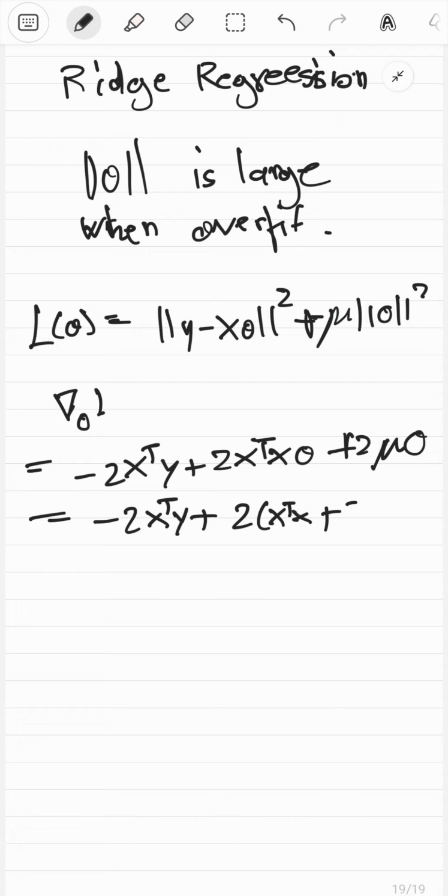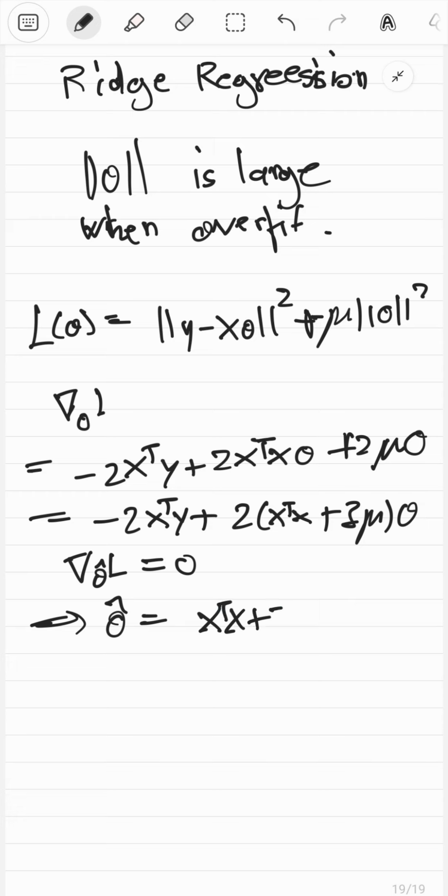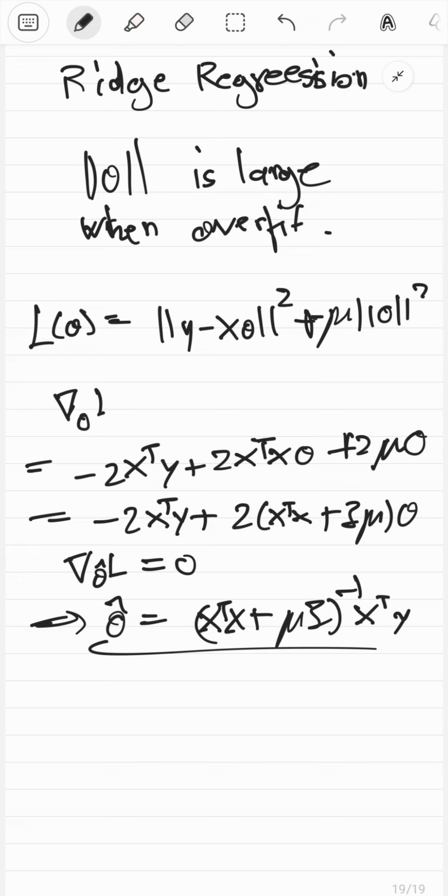So now it's going to be plus 2 mu theta, right? And now setting this to 0 gives us theta hat is equal to x transpose x plus mu I, inverse, x transpose y. That is just ridge regression.